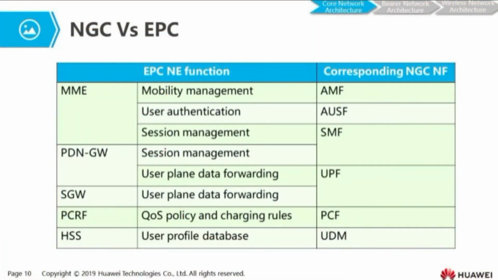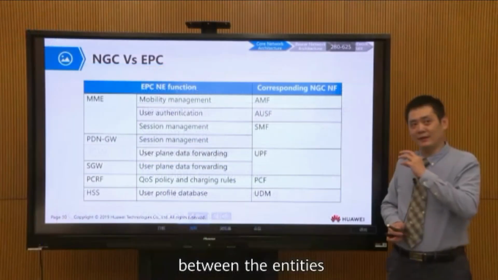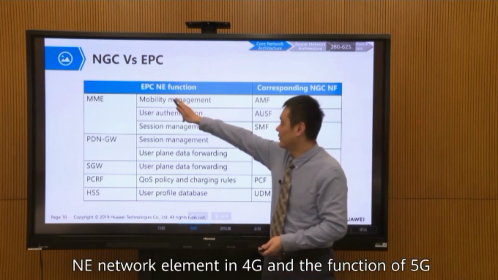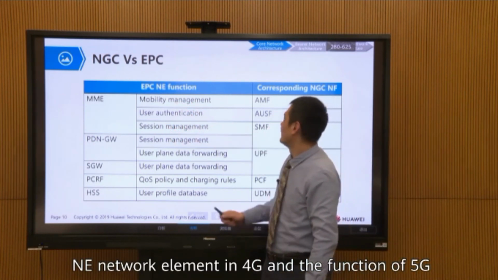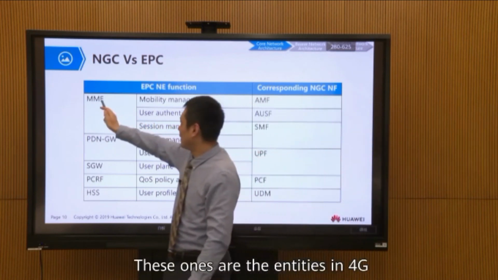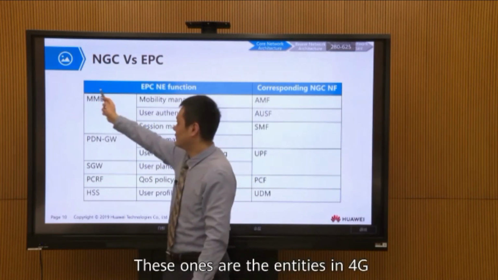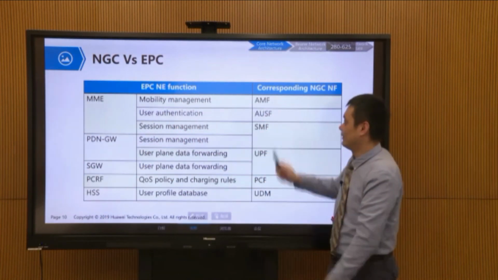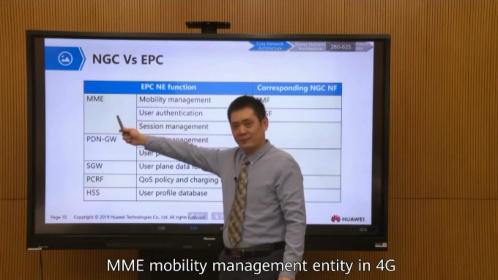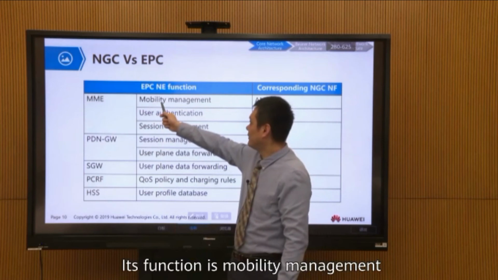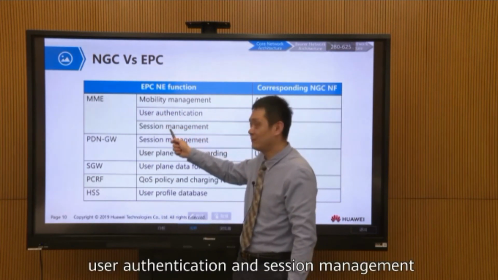This page shows us the mapping between the entities, the network elements (NE) in 4G, and the functions of 5G. These are the entities in 4G, and they are mapped to the functions of 5G. MME, the mobility management entity in 4G, has functions of mobility management, user authentication, and session management.